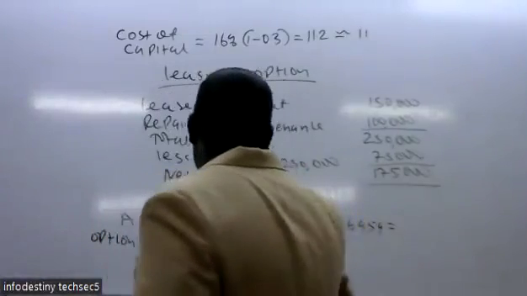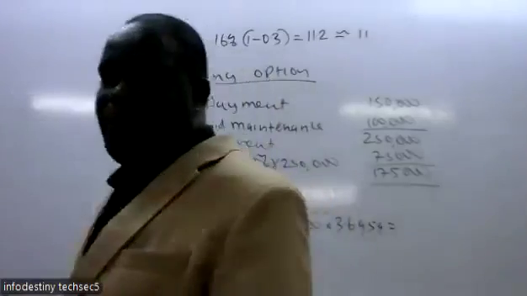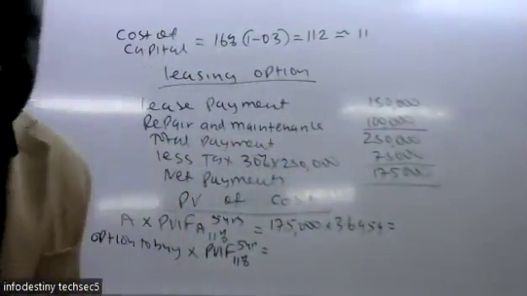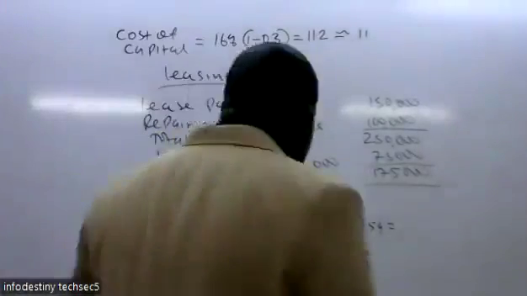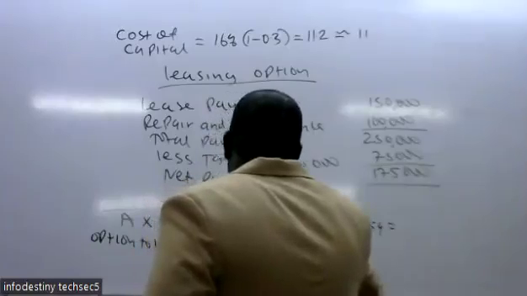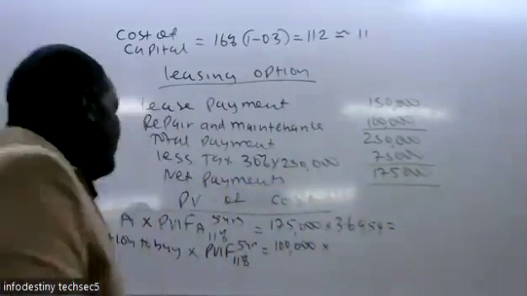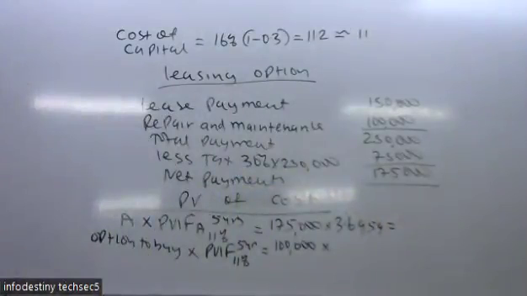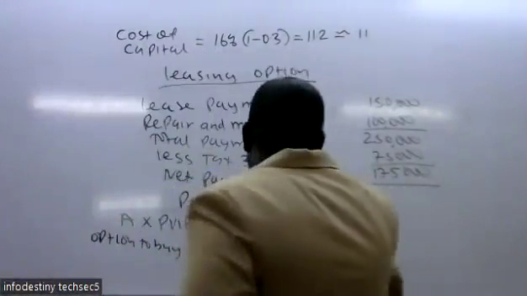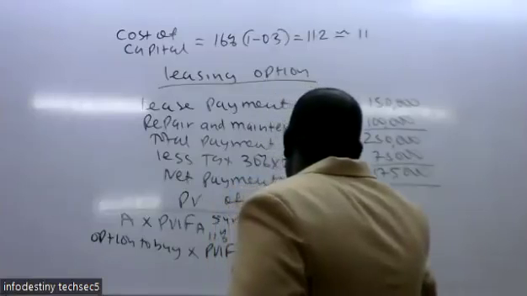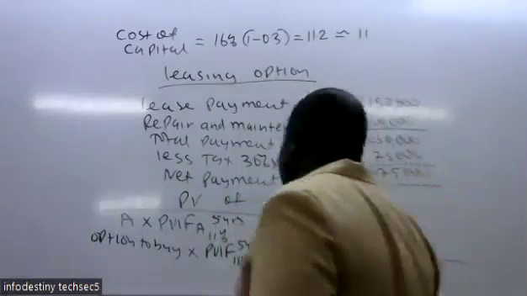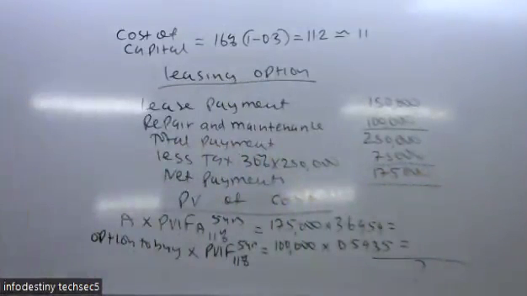So that figure is how much? Option to buy under the leasing option. You buy it at how much after 5 years? 100,000. So confirm what is 11% in year 5? 0.5935. So add those two figures together.